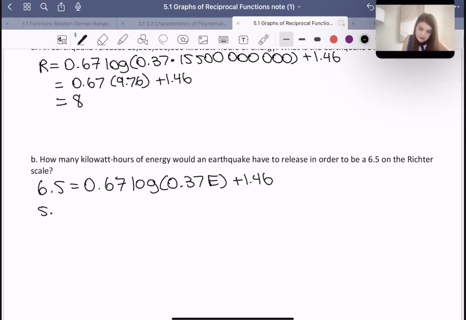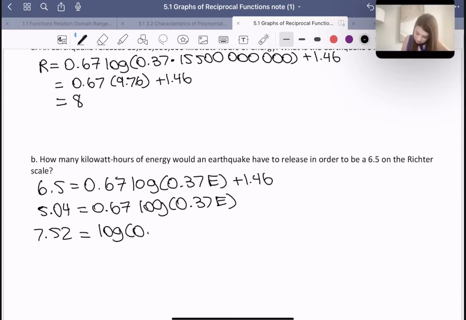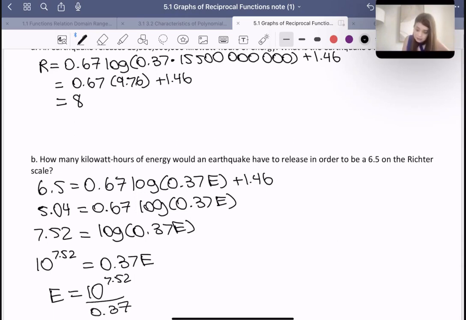Okay, so that means 5.04 is equal to 0.67 log 0.37 E. Then that means 7.52 equals log 0.37 E. And that means 10 to the power of 7.52 is equal to 0.37 E. And then we're going to divide to figure out E. So E is going to be 10 to the power of 7.52 over 0.37.